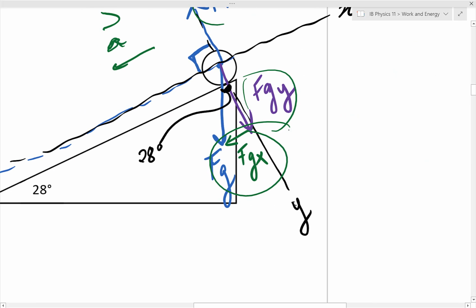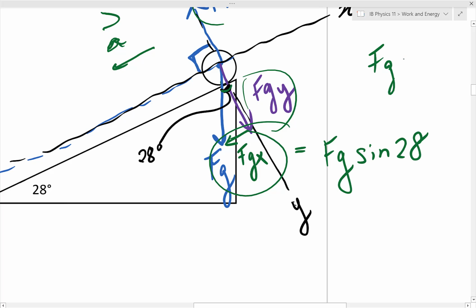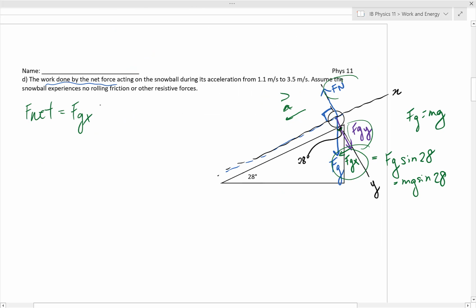What is Fgx? Well, we know the hypotenuse is Fg, and relative to this angle over here, the 28 degrees, Fgx is opposite to that, which means it is equal to Fg sine 28. We also know Fg is mg, so we can just write that instead. Mg sine 28.